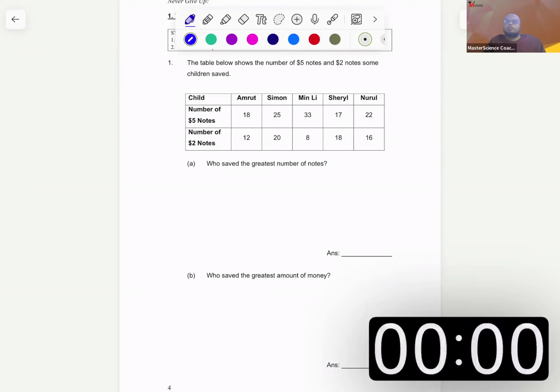Anyone else still doing A and B? Still doing.